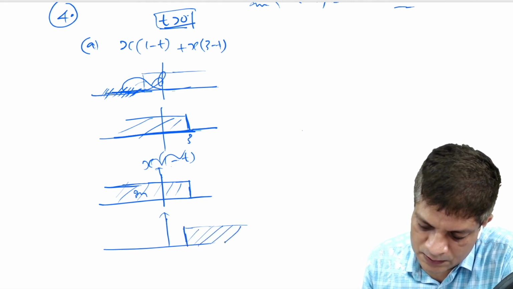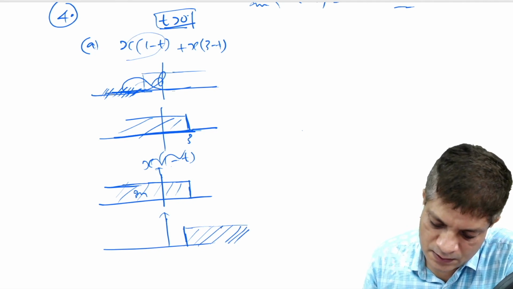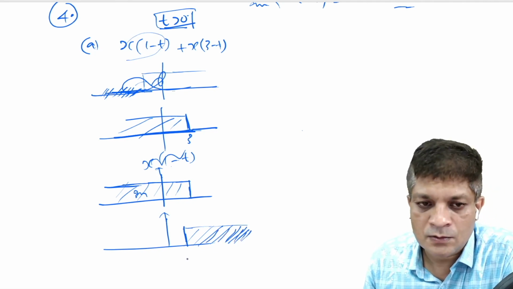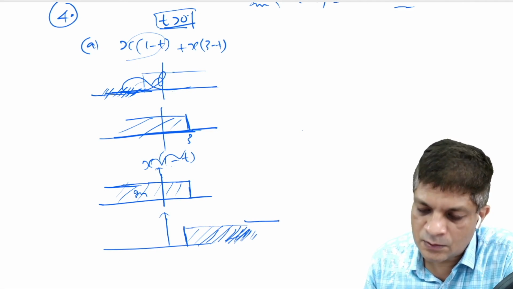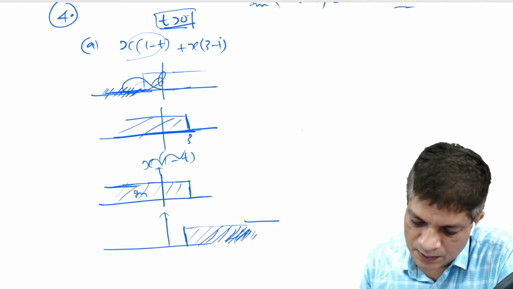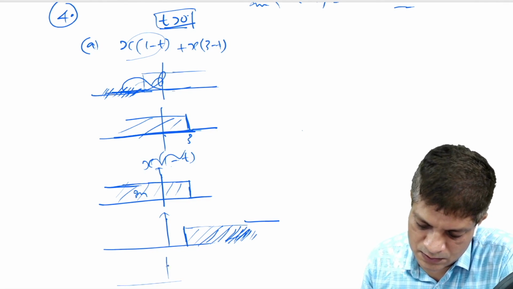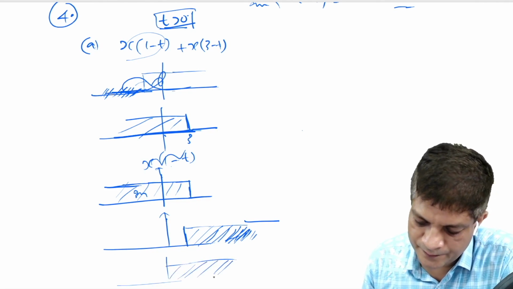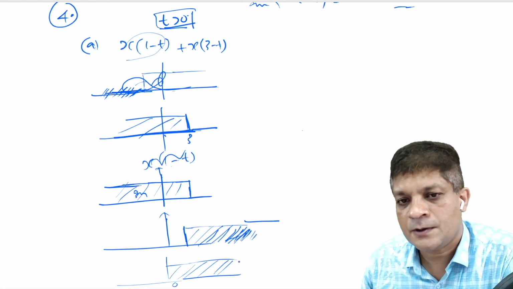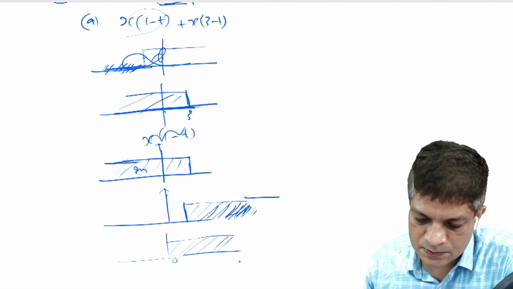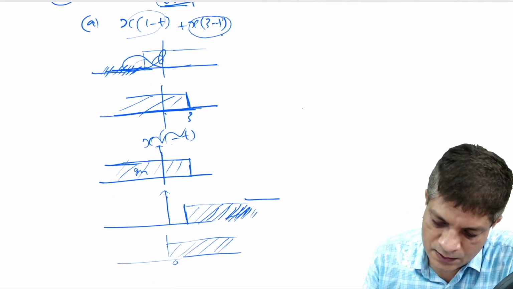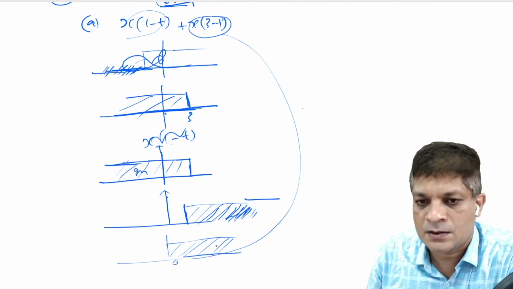So for the first part, x(1 minus t), this will be 0. It is guaranteed that it is 0. And for the second part, t plus 3 is this, isn't it? Second part means x(3 minus t), it is always 0 for t greater than 0.